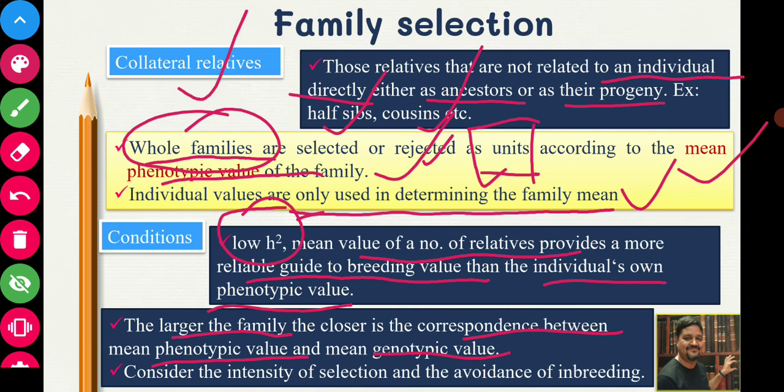That is why it is written that the larger the family size, if suppose there are 20 individuals in a family, there is every chance that mean phenotypic value will equal mean genotypic value, because the randomness will be cancelled out.